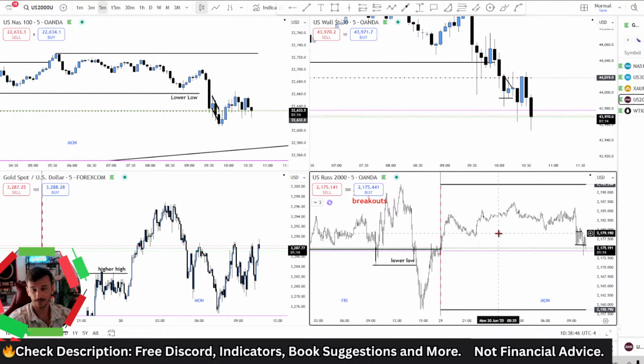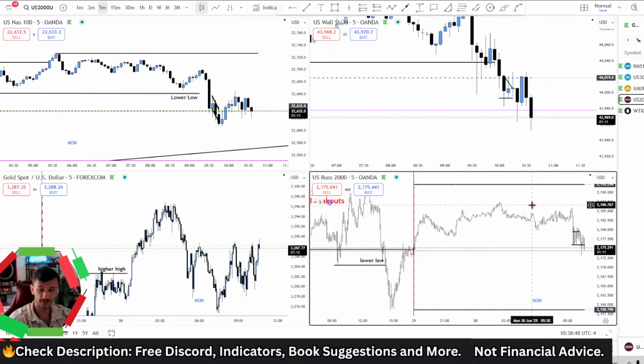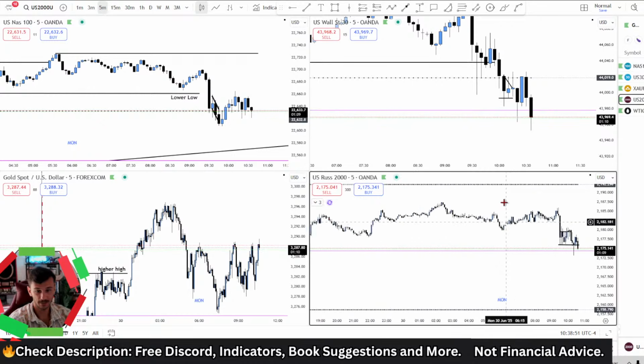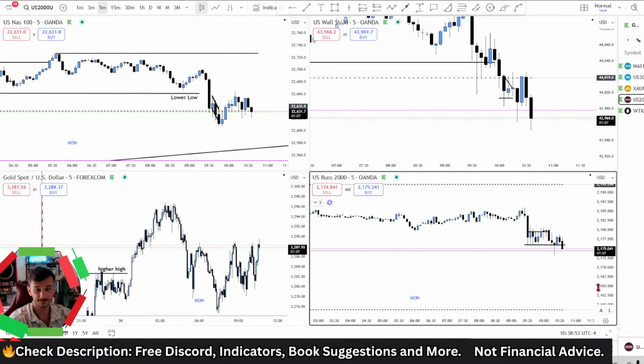The only bad thing about this is we have not triggered a previous day's level. Today could just turn into a narrow range day for the Russell.